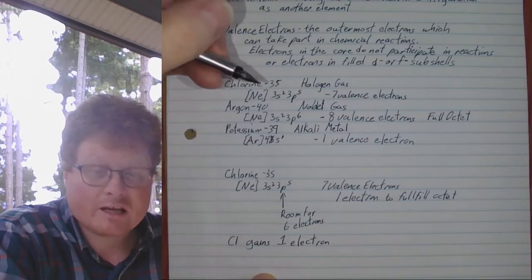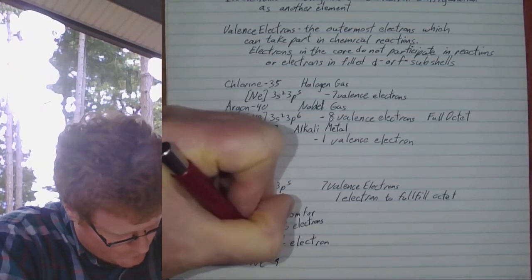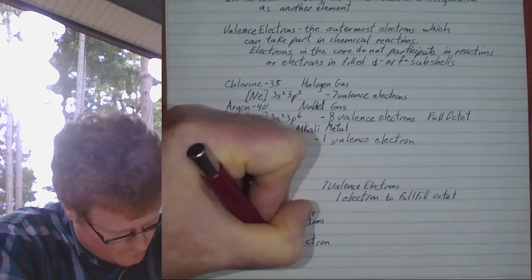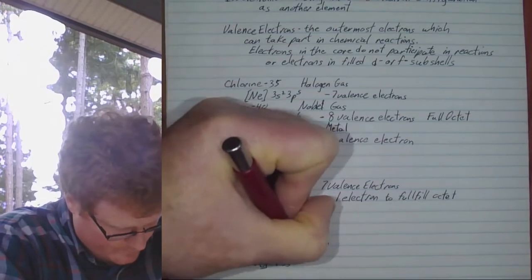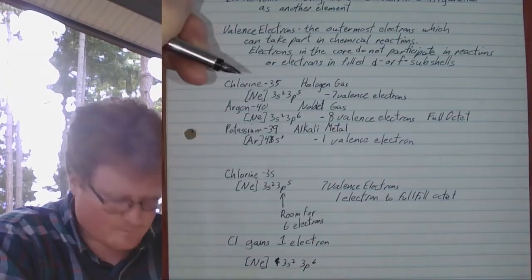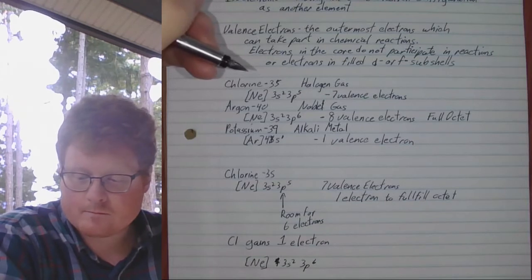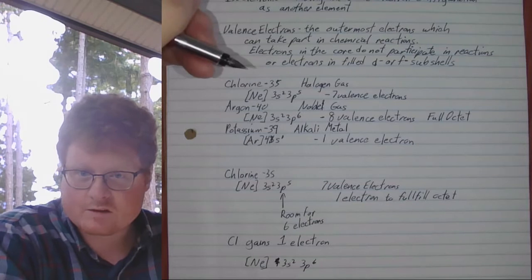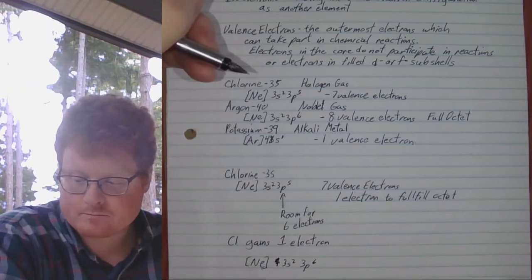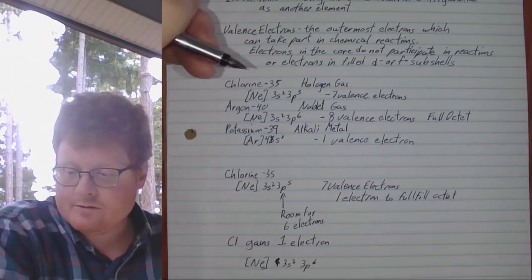And where is it going to put that electron? It's going to put it in the p orbital. Do you think it's happy? I think it's happy.